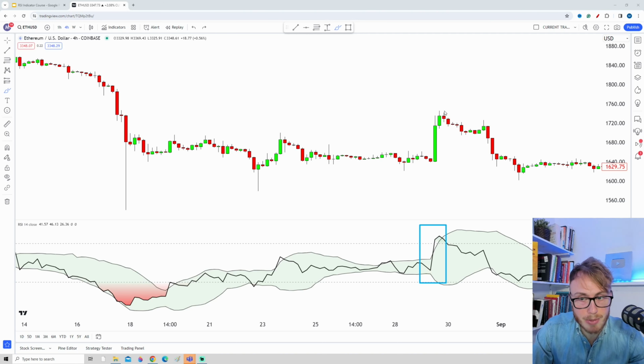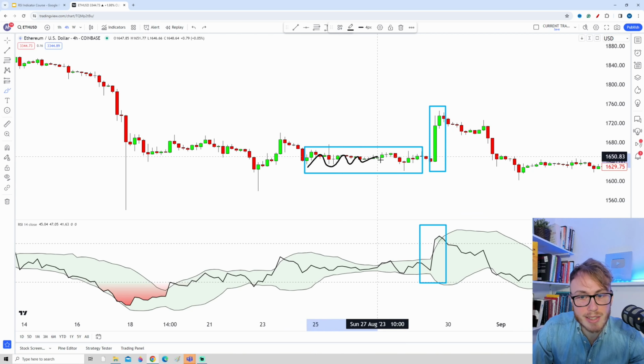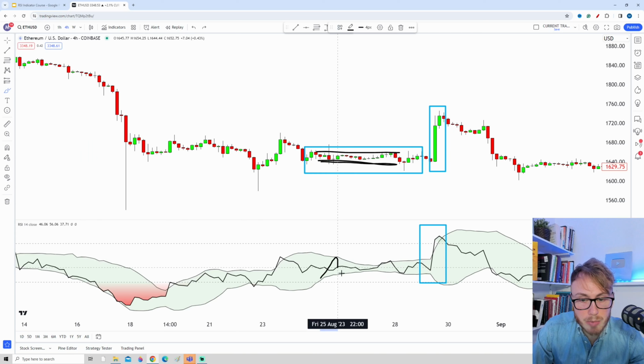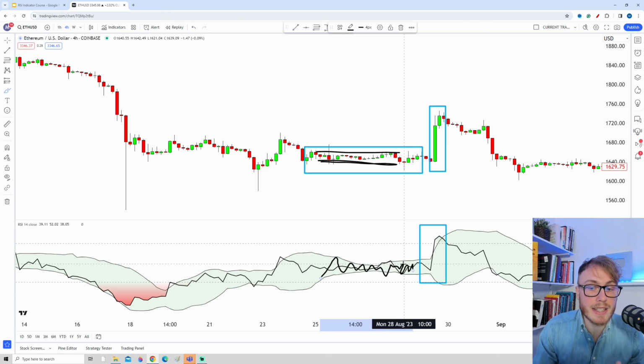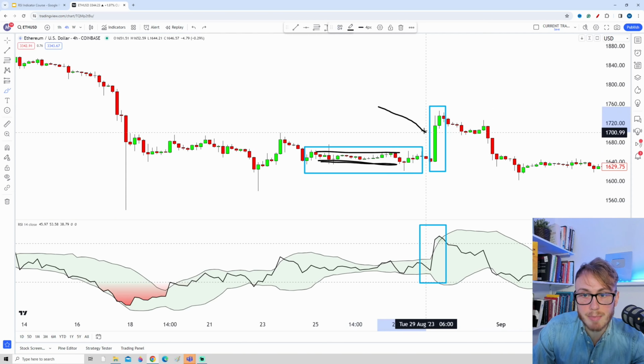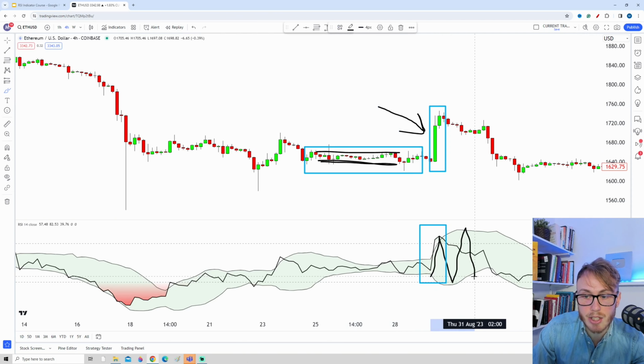So if you, for example, take a look at this massive move right here, because the price before that move appeared was basically just going sideways with lots of tiny candles, this kind of movement made the band here getting tighter and tighter and tighter. Or in other words, the expected volatility was shrinking a lot. But after this massive momentum candle, you can see that the expected variation of the RSI increased by a lot.